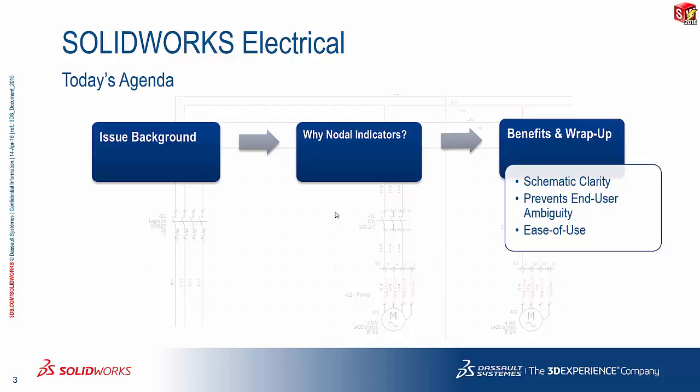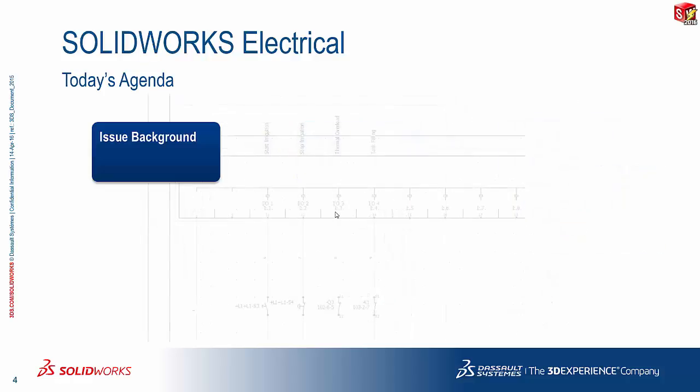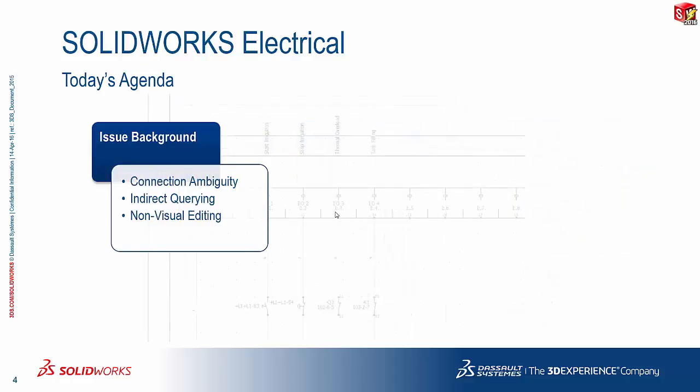Now, this is important not only for the person who's reading the schematic at the point of design. Imagine the person down on the shop floor. It is very clear and obvious what the order should be. So just a quick recap of everything.